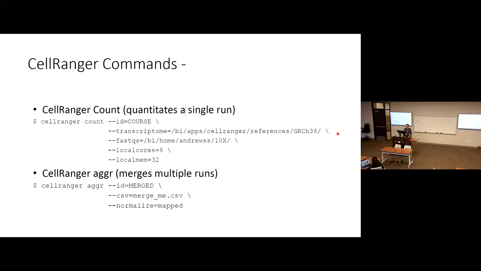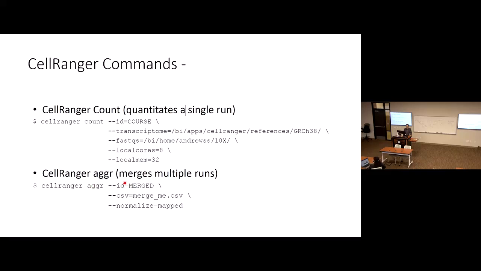This is the human reference, and you provide where you put your FASTQ files. Let it run, and you will get exactly the same results as you run on the cloud. So we don't have to bother to set up our own Unix machine, Linux machine.